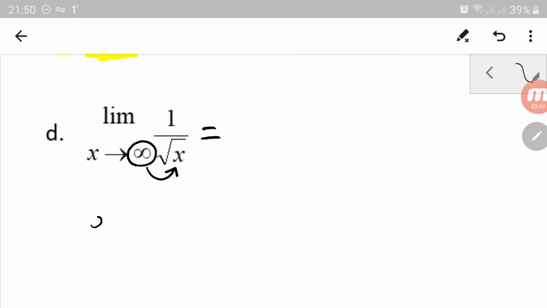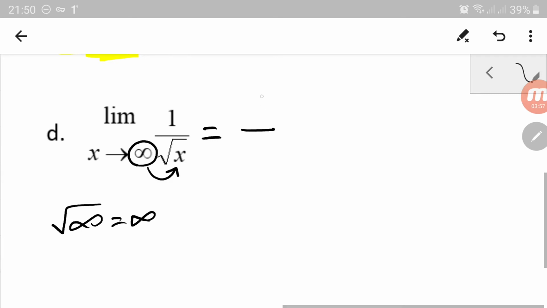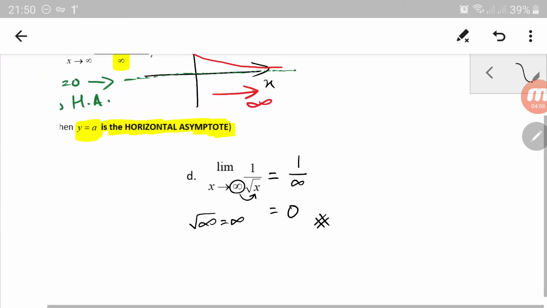We take the square root of it, it's another big number. Even though the square root is smaller than the original big number, it's still a big number because we don't know what the number is. So what we have is 1 over a big number. So we get 0. This is the answer.